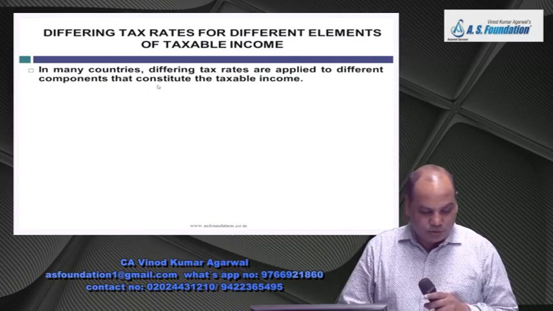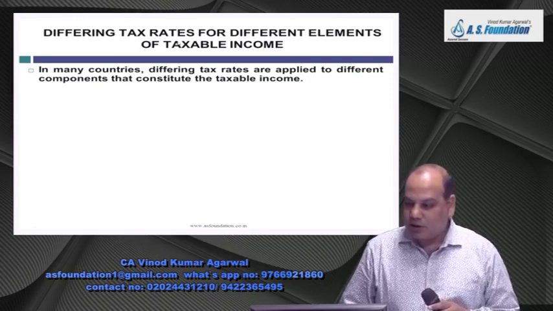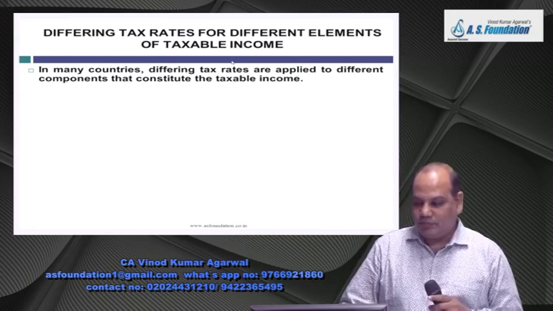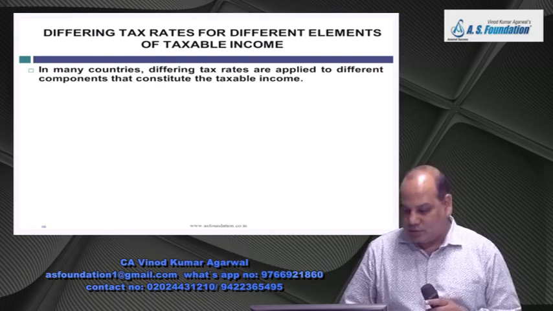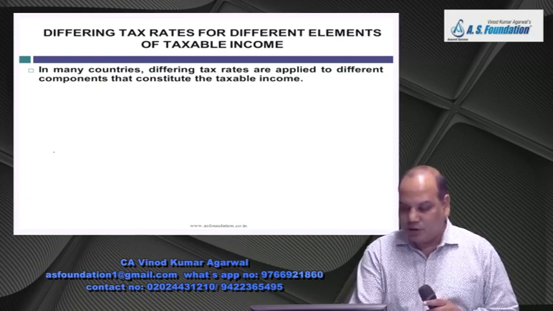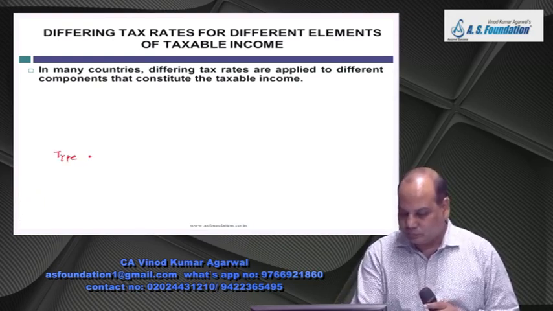Then there is the next issue: deferred tax rates for differing elements of taxable income. What is this heading? It means different types of income are subject to different rates of tax.